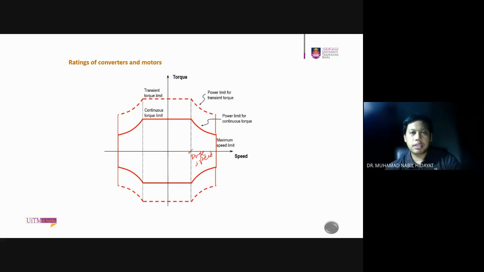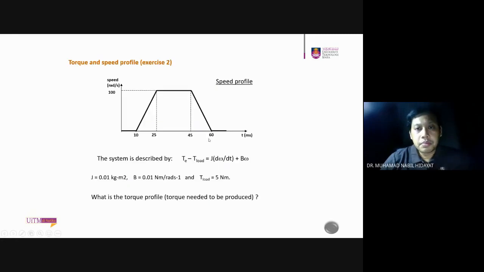Transient is where you have instantaneous inrush current during initial turn on. Then we will look into the speed profile, which will also be done in your tutorial. Hopefully you can do this by yourself, and we will discuss the answer during tutorial.